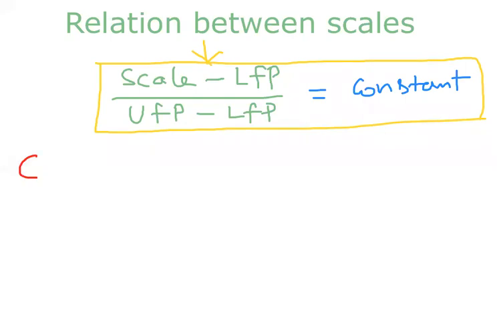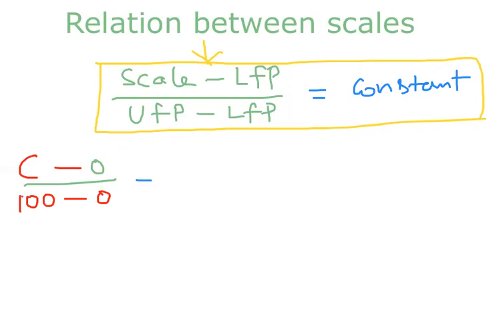What is the lower fixed point in the Celsius scale? 0. The upper fixed point is 100, and the lower fixed point is 0. So this is for the Celsius scale.